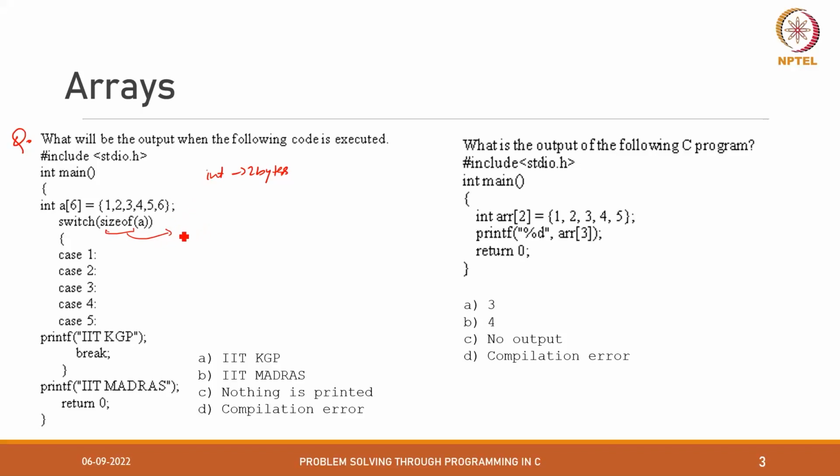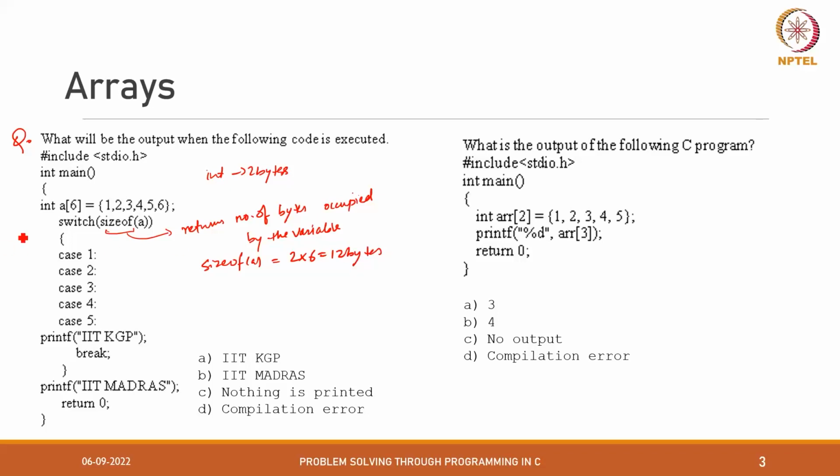What it does is return the number of bytes occupied by that variable. So here, as I said, A is an integer array of 6 elements, and every integer, say, is 2 bytes. So sizeof A is basically 2 into 6, that is 12 bytes, right?